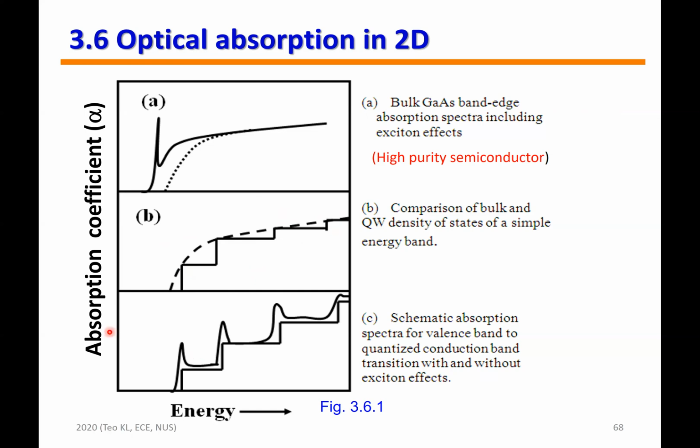If we have the exciton effect for a quantum well, you expect to see peaks riding on top of this step function. That is the optical absorption in the two-dimensional case. We shall see this in some of the experimental results.